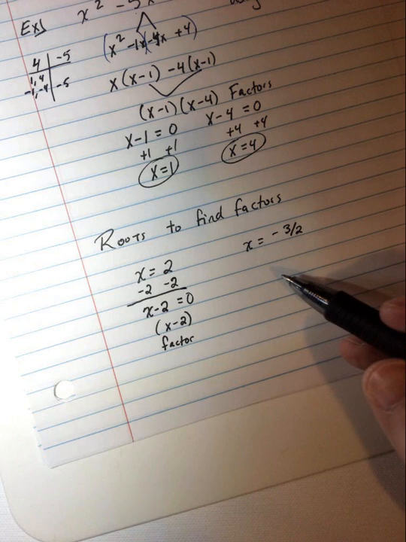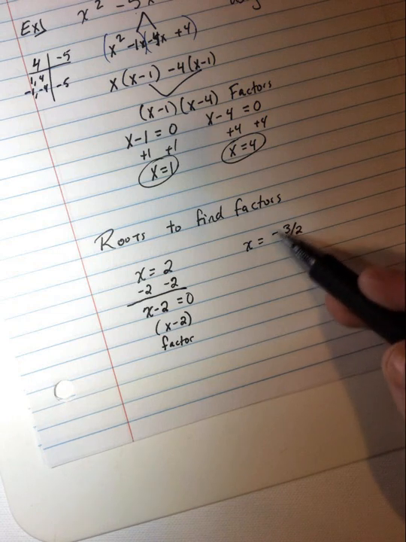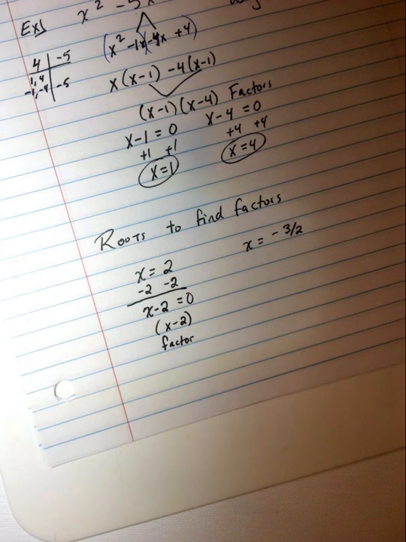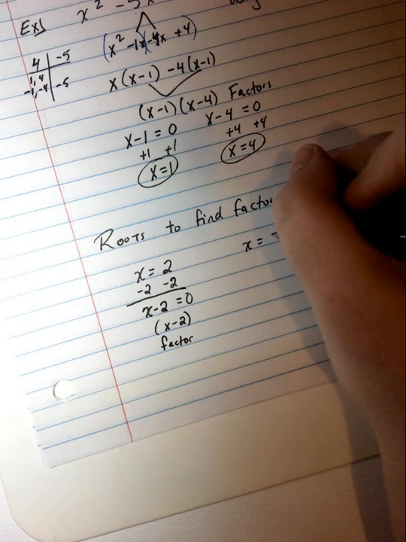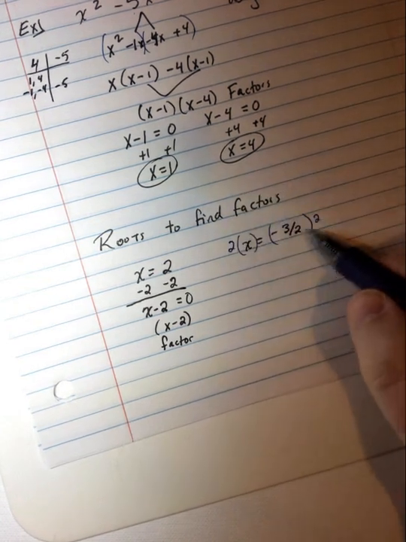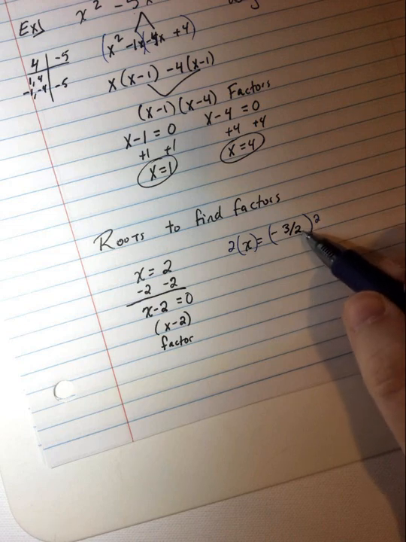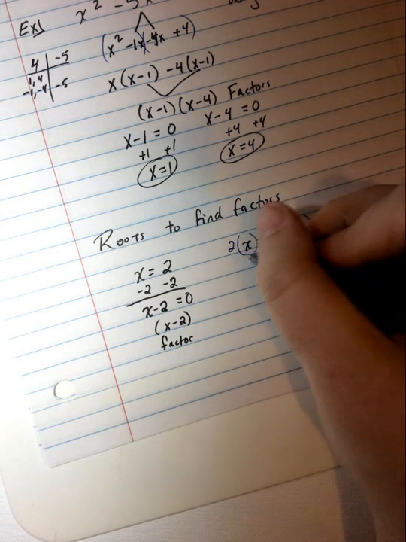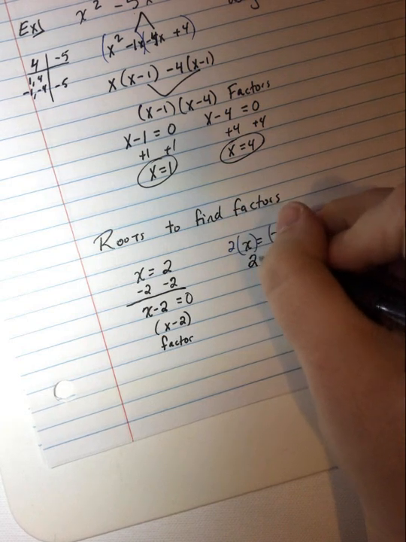But we can get rid of fractions. We don't like fractions. I don't like fractions. Let's get rid of it. If I want rid of this fraction, right now I'm dividing by 2. Remember, the inverse or the opposite of dividing is to multiply by what you're dividing by. Multiply by 2. If I do that to one side, I can do it to the other side. And when I do that, you're going to notice your fraction goes away. 2 times x is 2x.